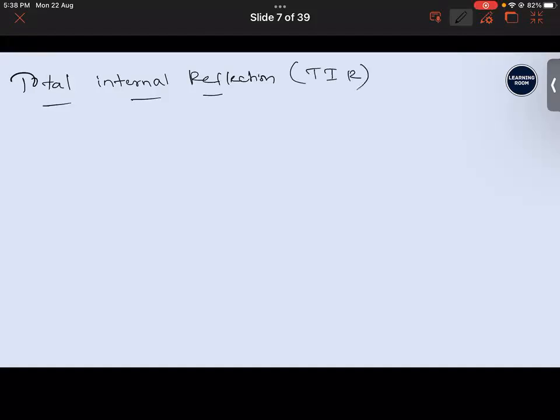It's called TIR. See, if we have a scenario where a ray is traveling from denser to rarer medium, what keeps happening? Suppose the light ray is incident from denser to rarer. This is the actual path.